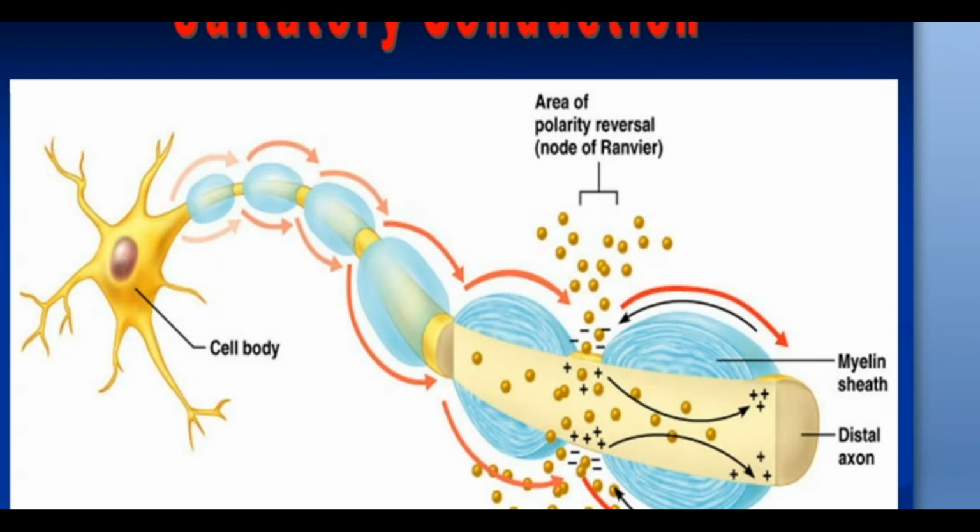The action potential travels by jumping from node to node. This mode of conduction is called saltatory conduction. This type of carrying of the neural impulse by saltatory conduction increases the speed of carrying of the neural impulse. So myelinated nerve fibers are quick fibers.